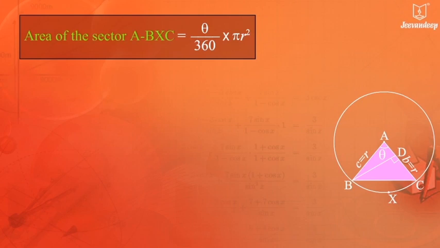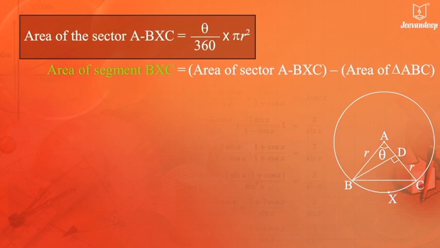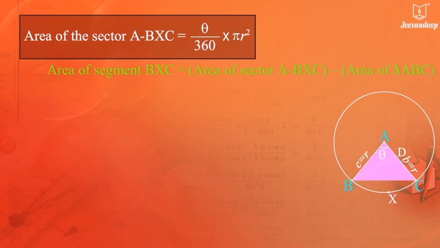Area of the sector ABXC equals theta upon 360 multiplied by pi r square. Area of segment BXC equals area of sector ABXC minus area of triangle ABC.